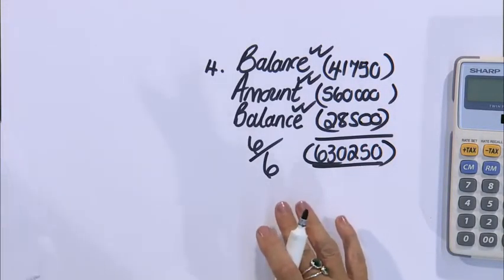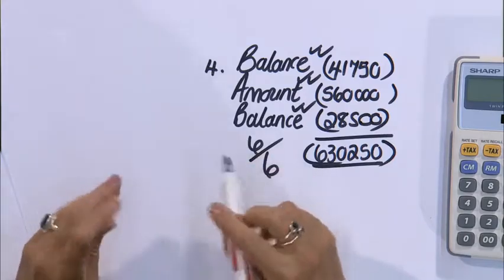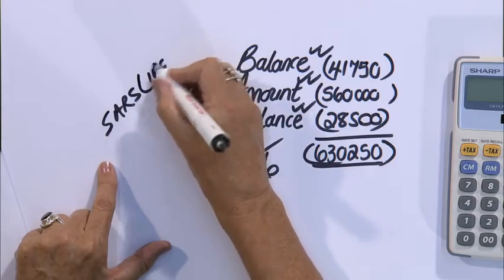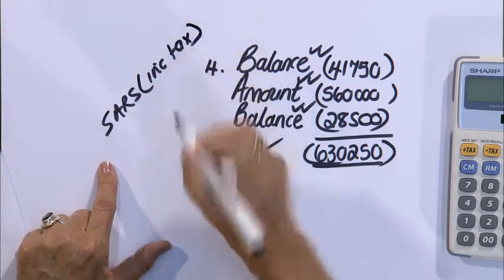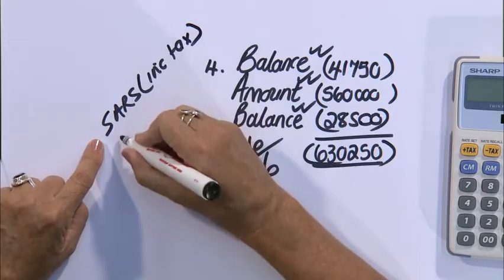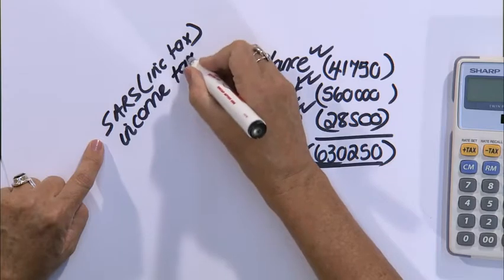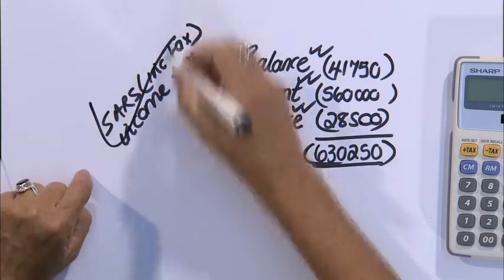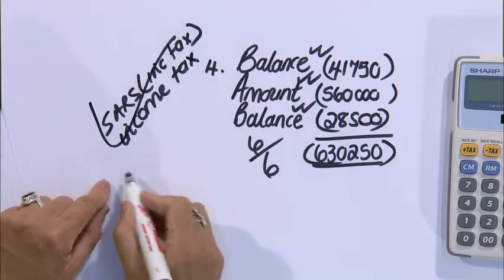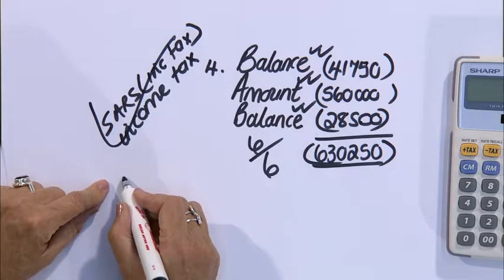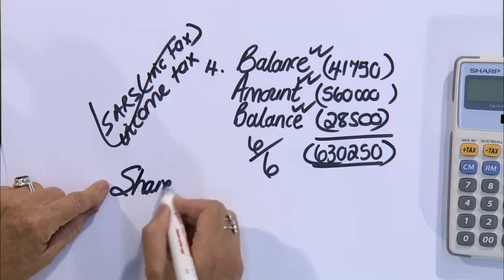So to summarize this part, and then we'll finish the first section. When you work with SARS, income tax, I'm writing skew here, sorry about that. You also have to look at income tax. So those are the two that you look at, and then you tick them off, used, done. You also, I'll write straight now, when you want to know dividends paid, you look at shareholders for dividends.